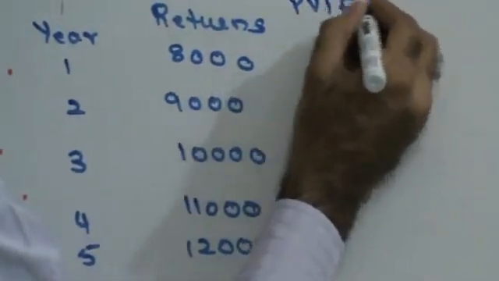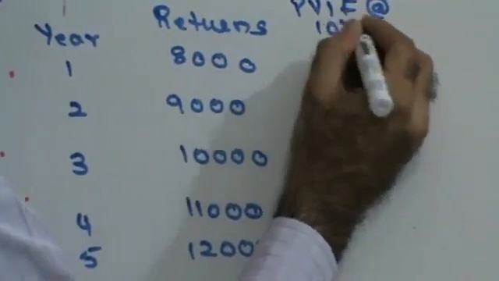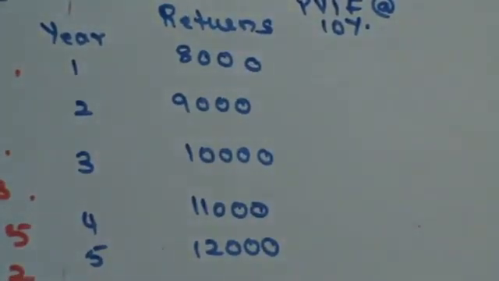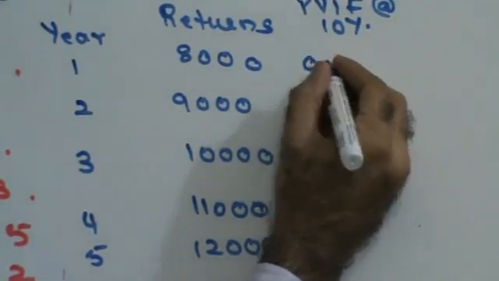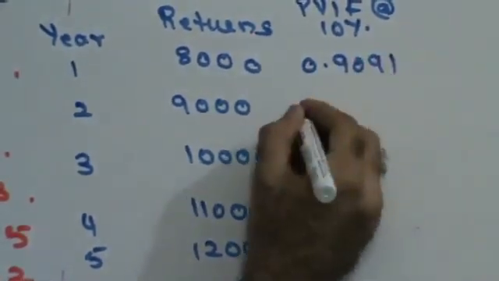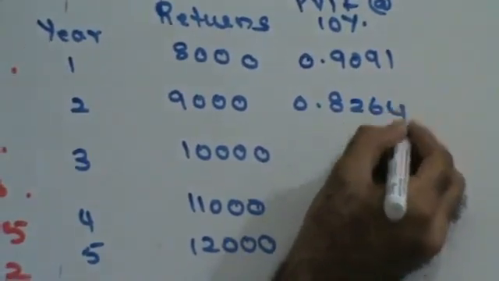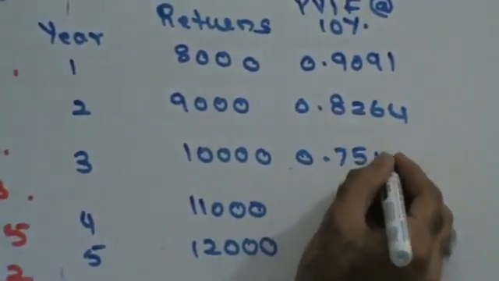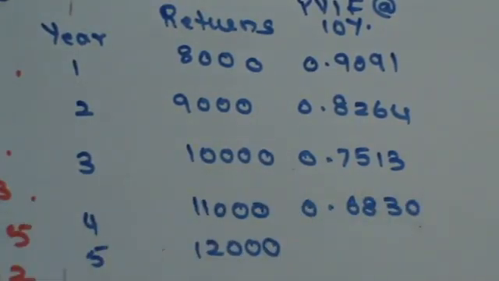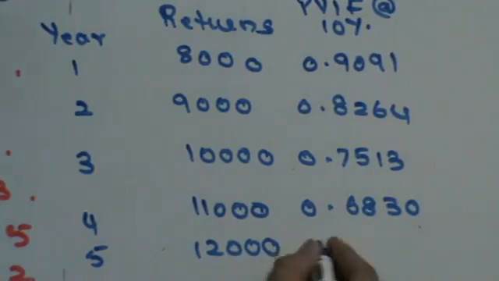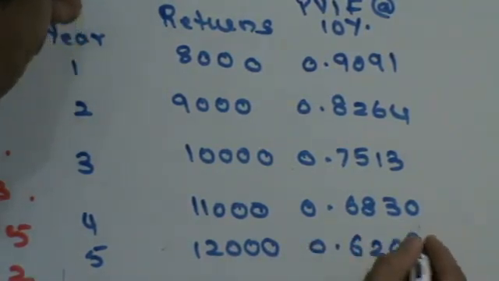Present value interest factor at the rate of 10%. They give you 10%, so look at page number 170: 0.9091, 0.8264, 0.7513, 0.6830 and 0.6209.